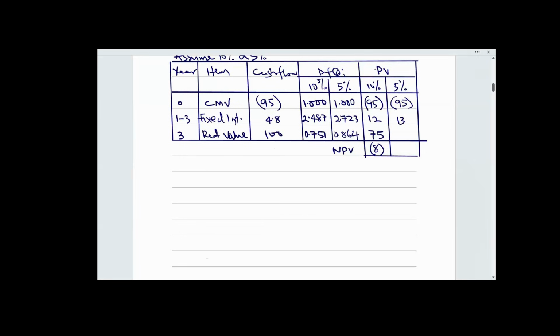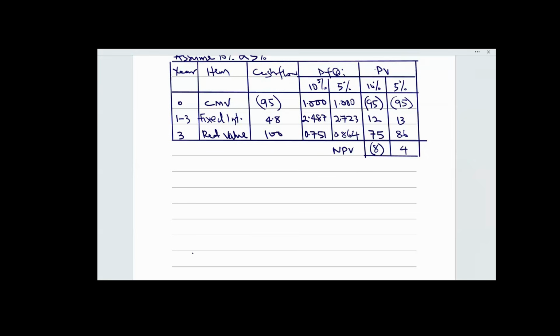Then 0.864 multiplied by 100 will give us 86. From your calculator, 86 plus 13 equal 99, minus 95. That'll give us a positive 4.